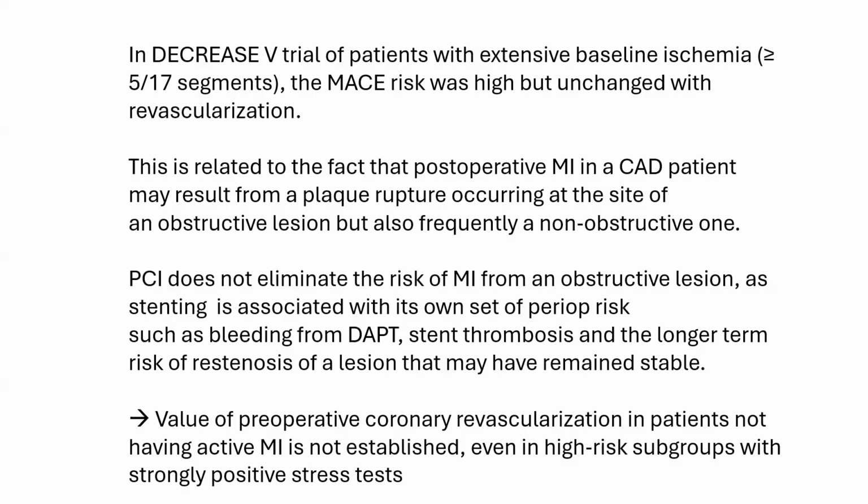Furthermore, even at the obstructive site, PCI may not affect the risk of MI from that obstructive site. Why? Because one, it's associated with a risk of peri-PCI MI, but also a stent is associated with its own set of operative risks, such as bleeding from that, and stent thrombosis during surgery, and the longer-term risk of restenosis of a lesion that may have remained stable if you don't stent it.